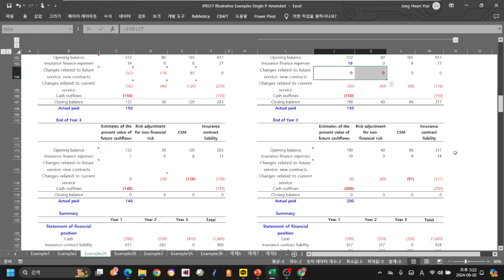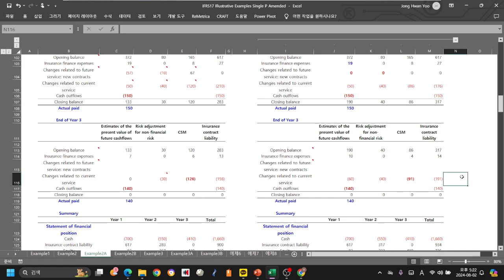And in the third year, as we estimated, 200 is paid, and that produces something like this. Or if I make it the same like this, it produces like this.